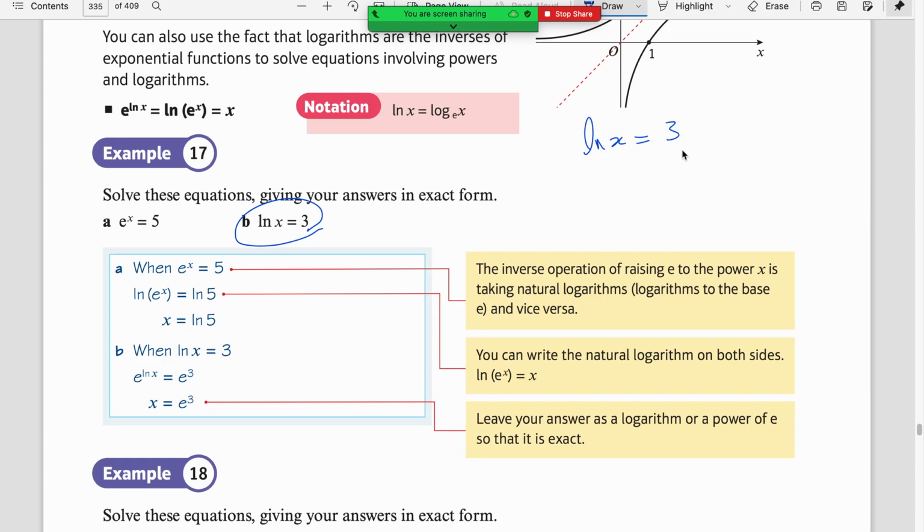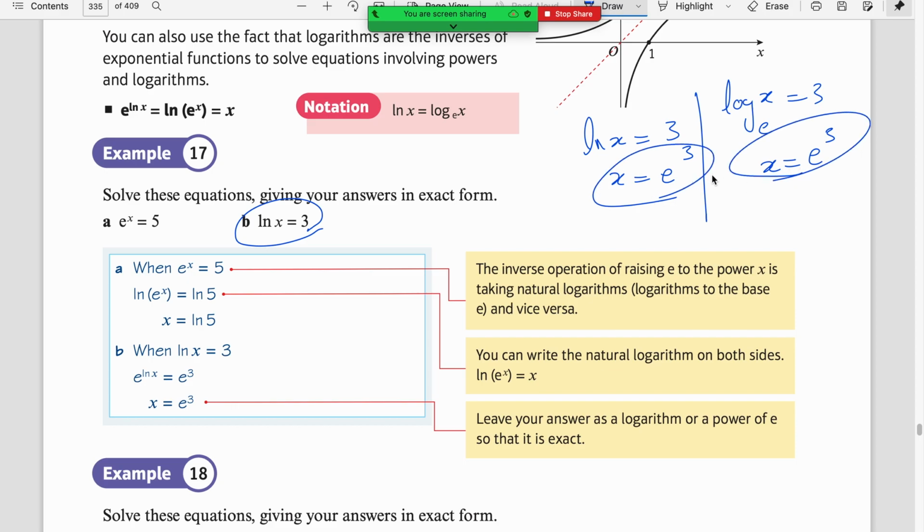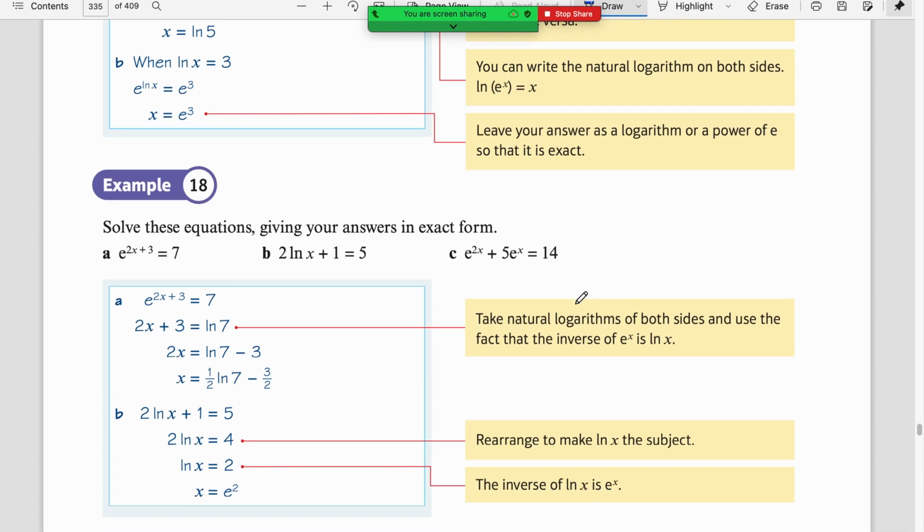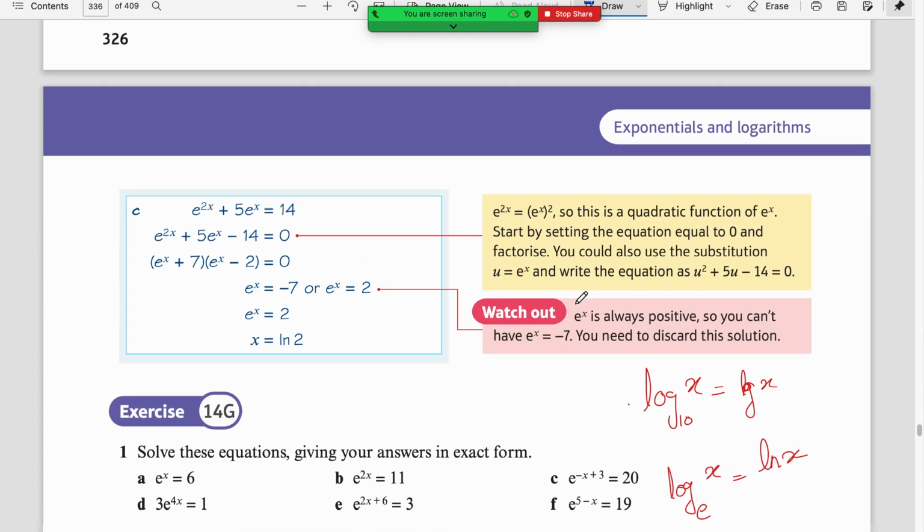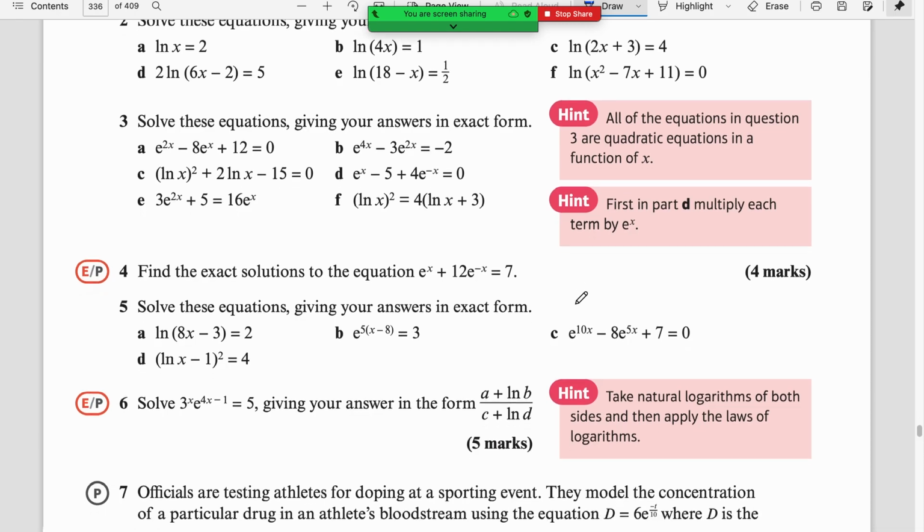When this ln goes on other side, this is e raised to power 3, because it is understood that ln means log with base e. So x is equal to e raised to power 3. Nothing new. All the rules are same.